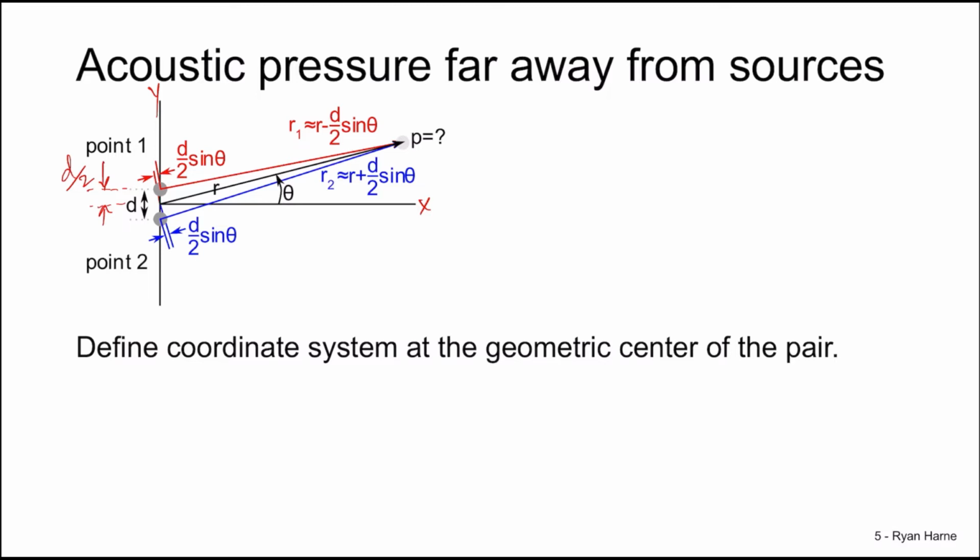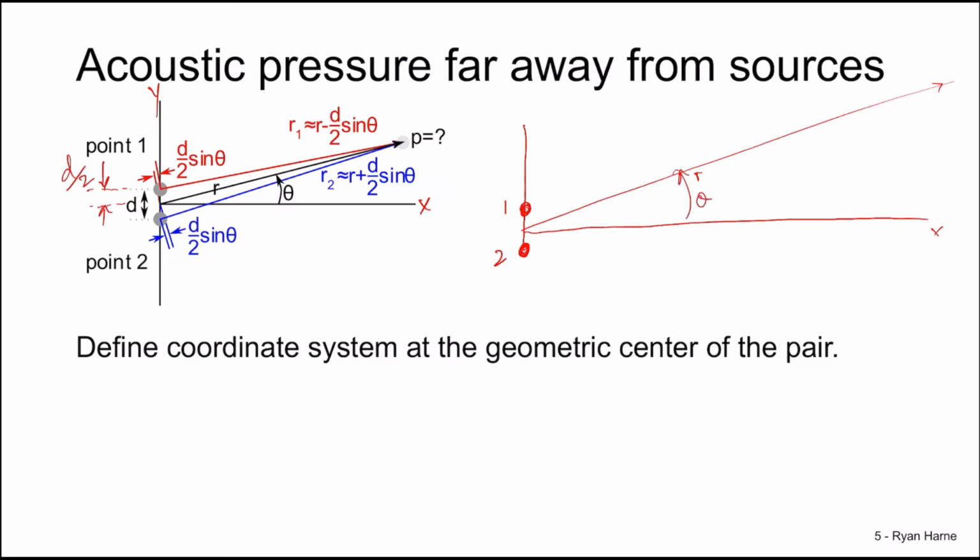So let's consider this case. We've got y and x, and we're going to consider our point sources 1 and 2 are very, very far away from the field point. We have our R and theta.